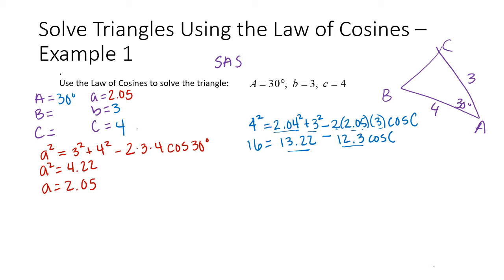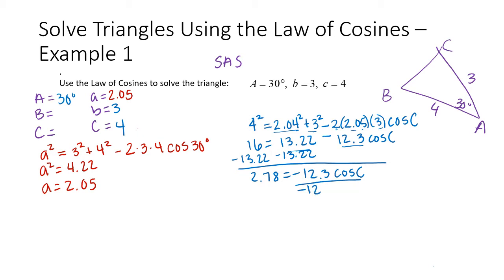So my whole goal is to isolate that cosine C to get it by itself so I can do the inverse function. So the first thing I'm going to do is subtract 13.22 from both sides. When I do that, I end up getting 2.78 equals negative 12.3 cosine of C. Divide both sides by negative 12.3, and we get negative 0.226 equals cosine of angle C. And then we'll do cosine inverse of both sides.